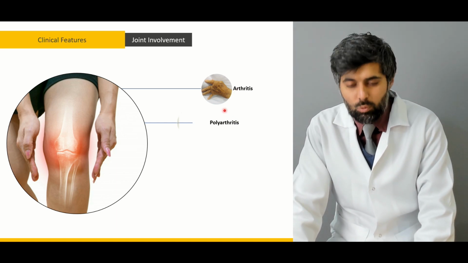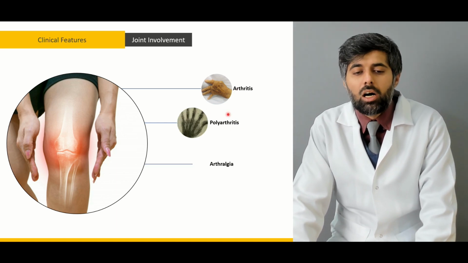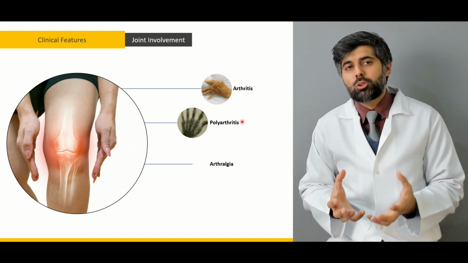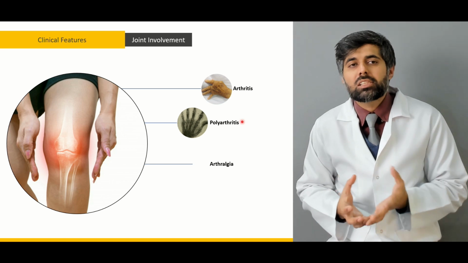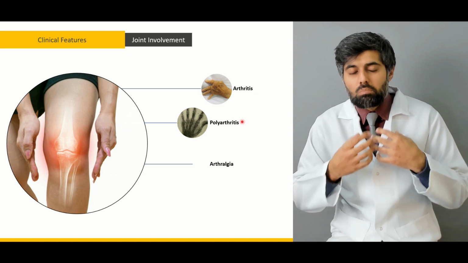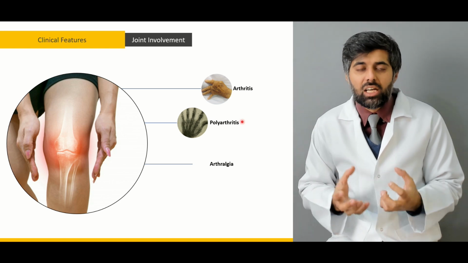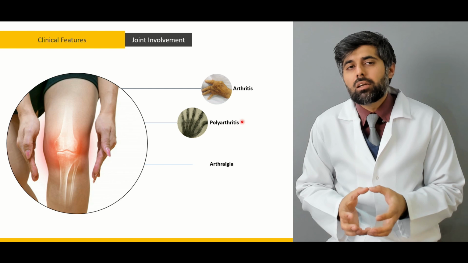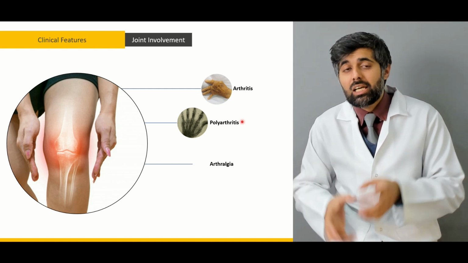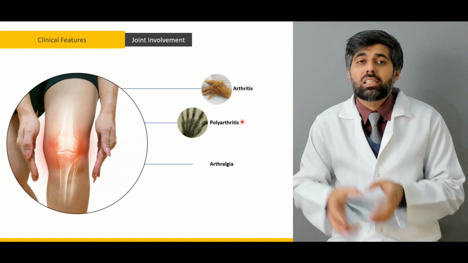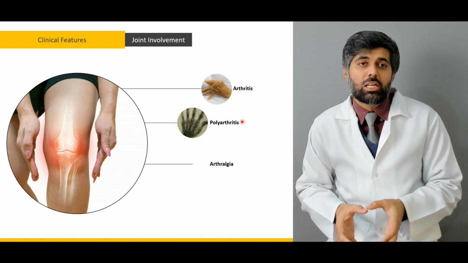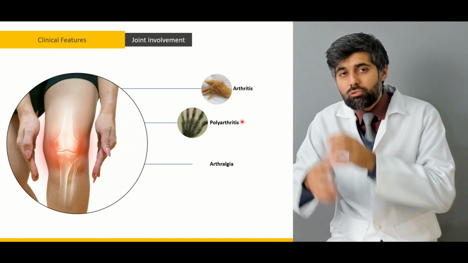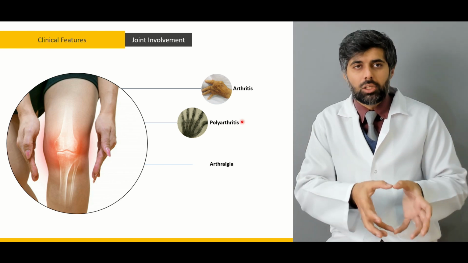Then we have what is called polyarthritis. Polyarthritis means that multiple joints are simultaneously affected, that multiple joints are showing signs of inflammation. But a common sign of polyarthritis in rheumatic heart disease is that it is of migratory nature, that the inflammation jumps from one joint to another.